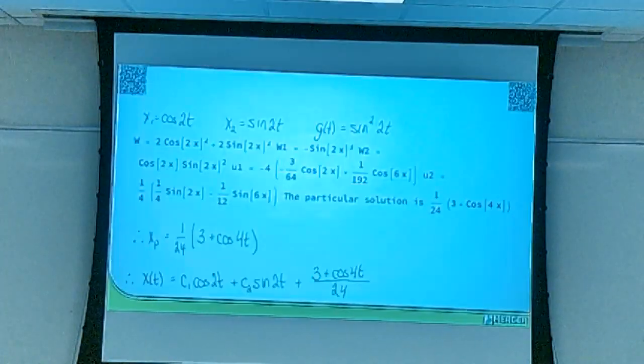That is the variation of parameters. Questions on that? And again, I would recommend using a calculator to do the linear algebra and calculus for you. Save yourself that headache.